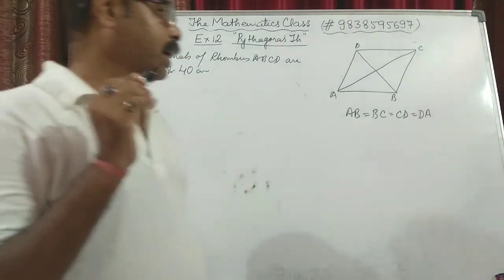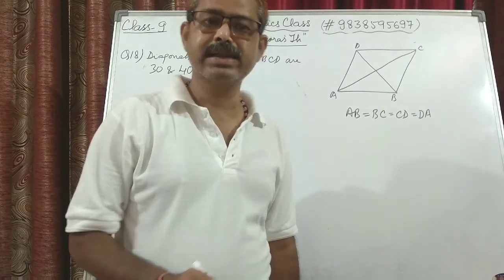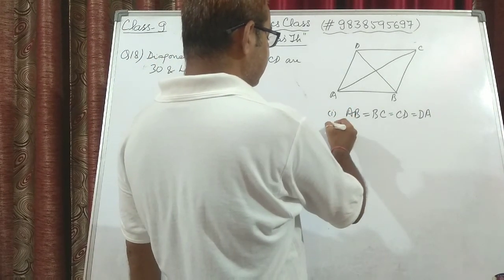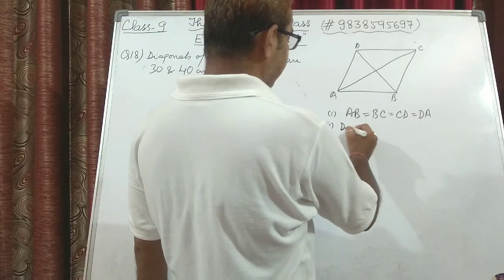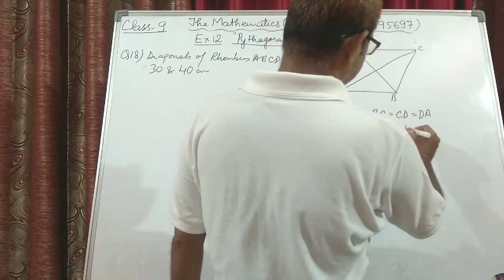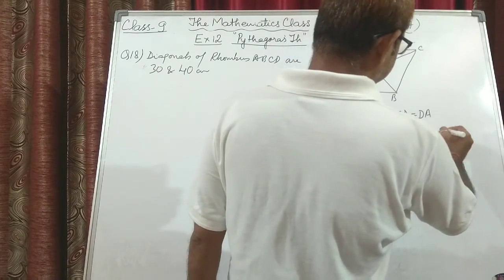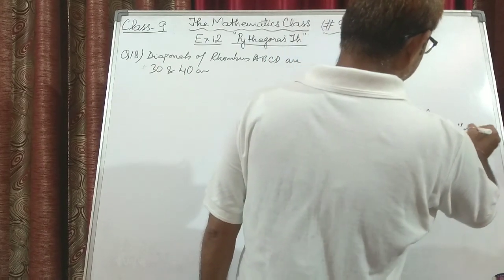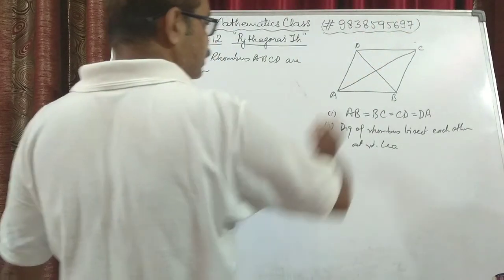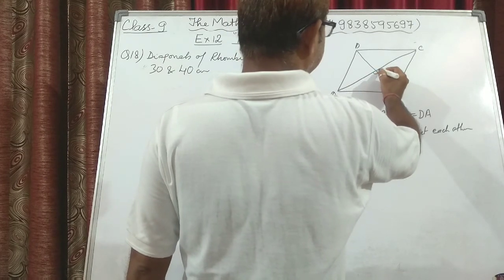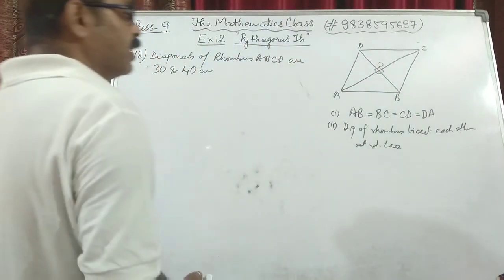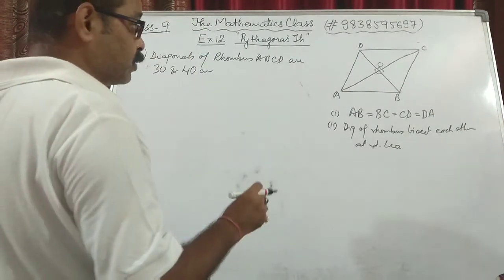Second point, that diagonals of rhombus bisect each other at right angles. It means all these angles are 90, 90, 90 and 90 if they are meeting at a point O, and they bisect also.